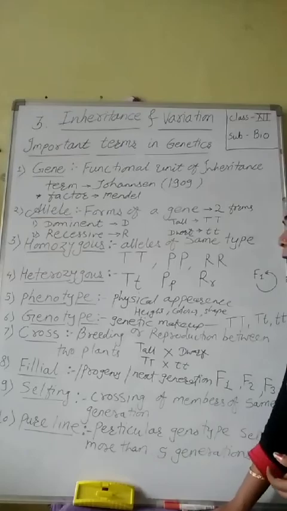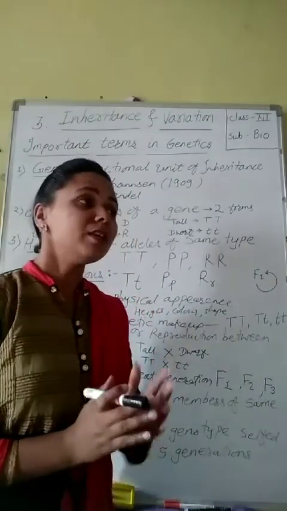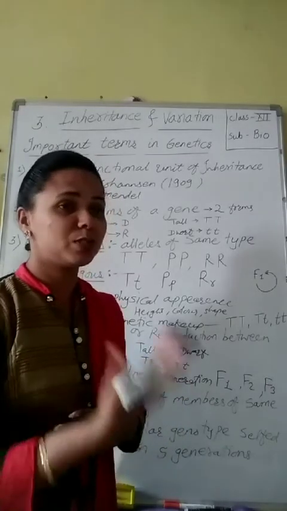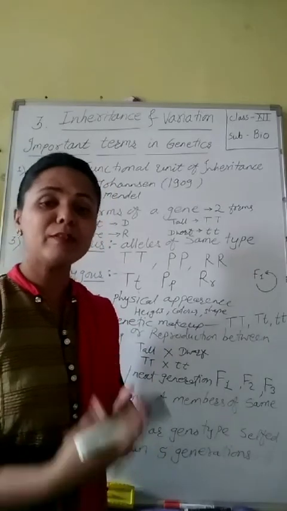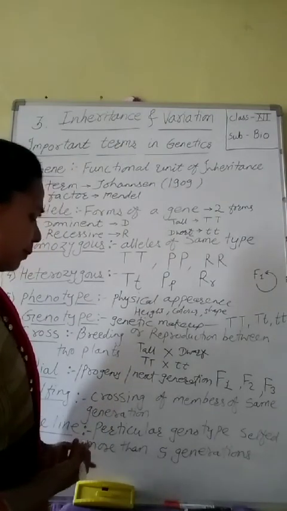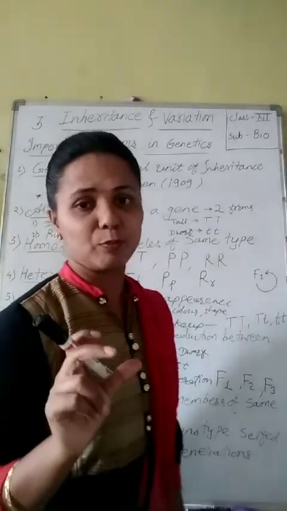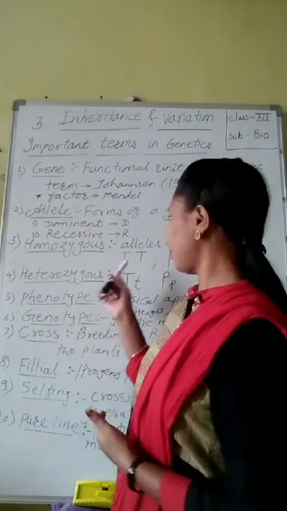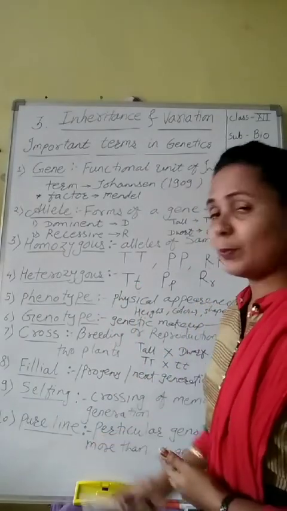Pure line means suppose we need specific type of genes, we need a specific type of character. What will we do? We will continuously self for one generation, then second generation again selfing, third generation, means more than 5 times we are doing the same cross with the same genotype, means particular genotype. Why particular? We need that particular genotype for our purpose, means suppose we need tallness in our plants, so we are using the same capital T to continuously breed that. Okay, so this is called pure line.